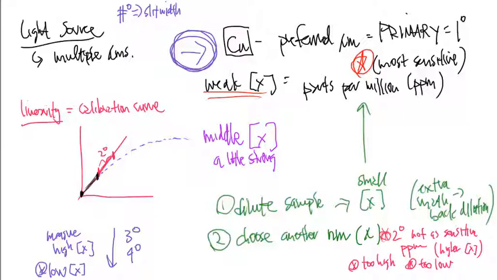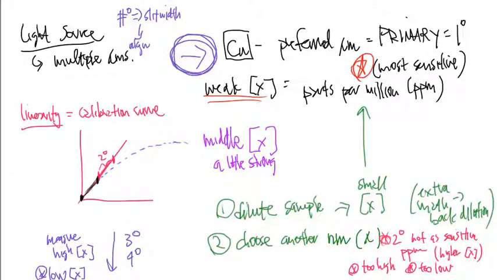And every time you change the slit width, you need to come back and align the lamp again, because that slit width can have an effect on how the light reaches the detector. So if you're changing slit, you've got to realign the lamp every single time.